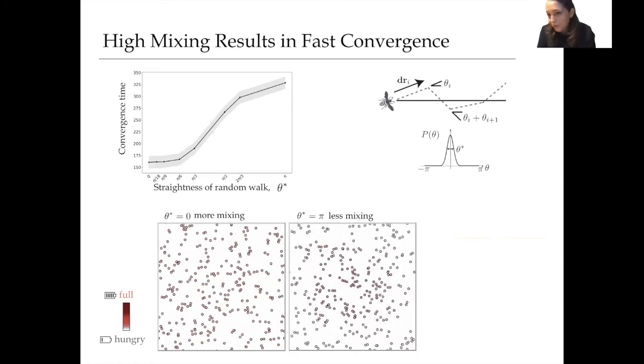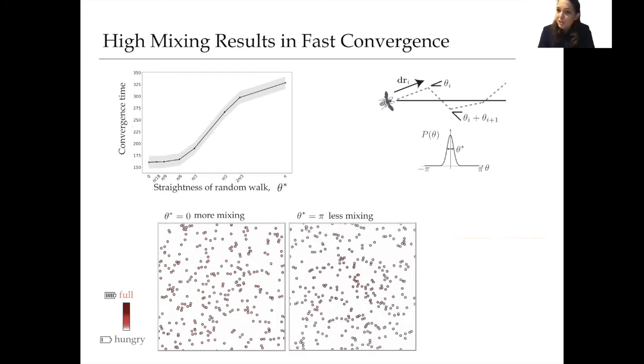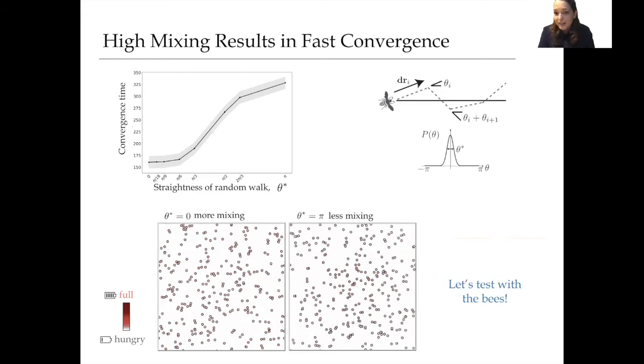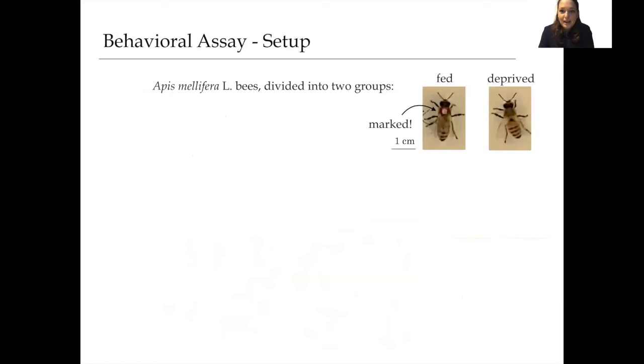So this is great. Now we have some intuition from this very simple model, but we can actually check it with the bees and see with a behavioral assay if this is indeed what the bees are doing, maximizing the mixing. So we worked with colonies of European honeybees, Apis mellifera, divided into two groups. We had bees that had access to food.